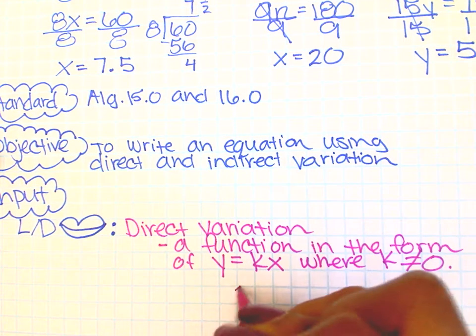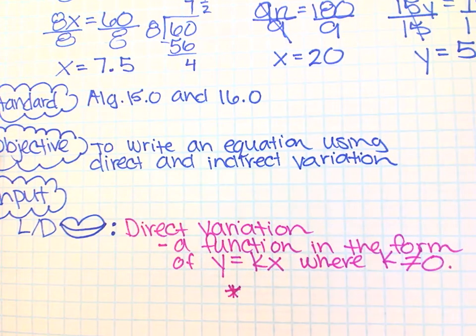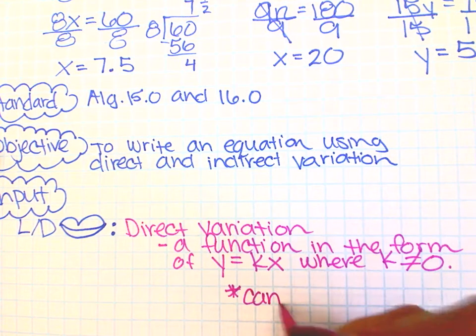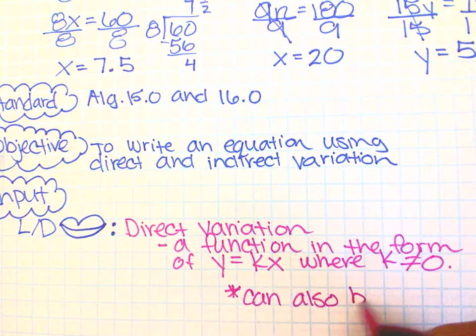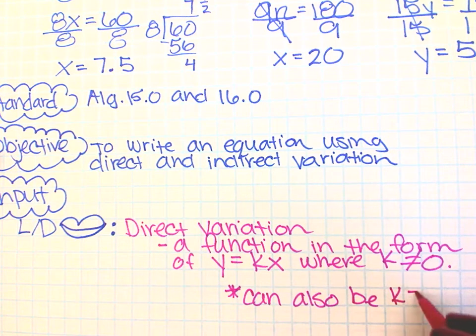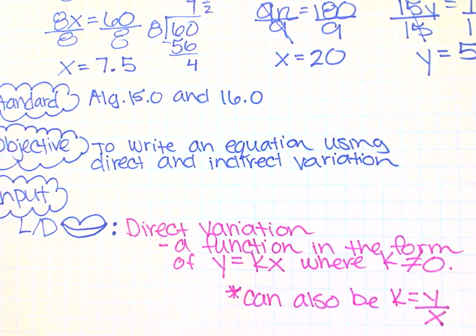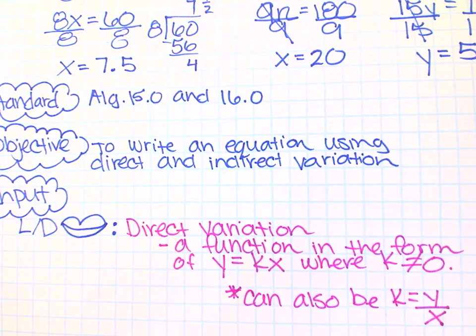I also want you to make yourself a little note, so I'm going to put a little star, that it can also be written as k equals y over x. So direct variation can be written in two different equations, basically.